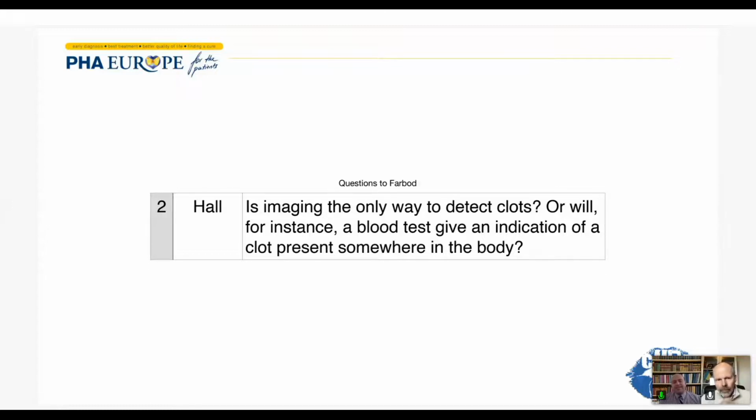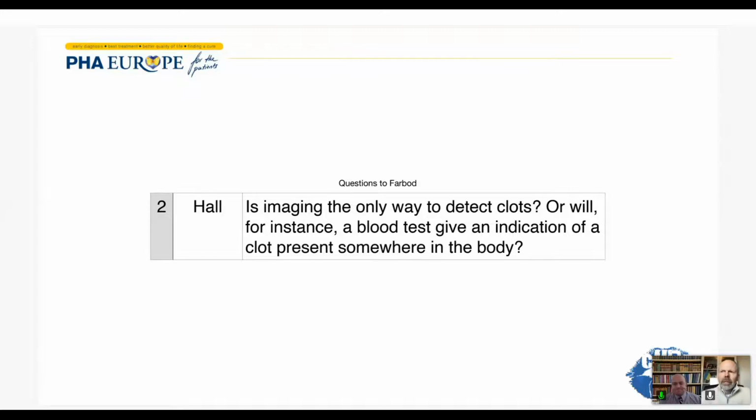So imaging at this point is very much an important part of all this. Whether biomarkers will play an increasing role, my guess is yes, but it's going to require us to better understand the genetics, the fundamental differences between clots in different stages of evolution and whatnot. But right now, imaging is still the way to go.